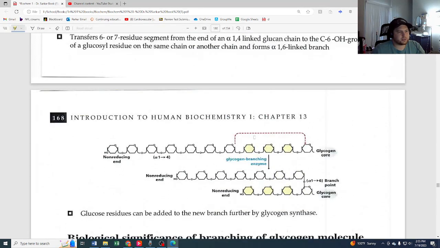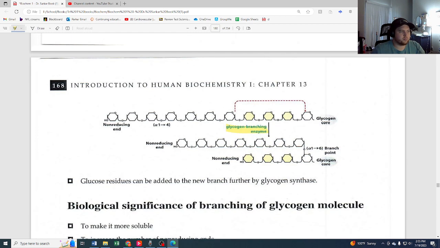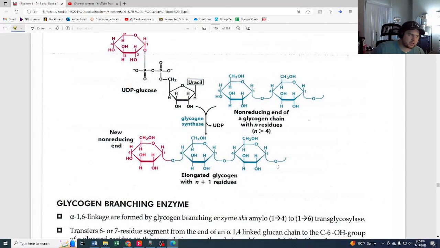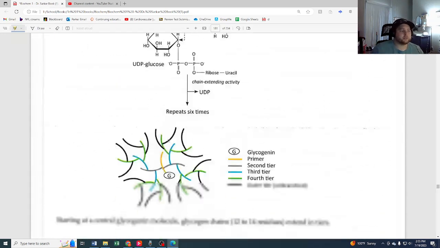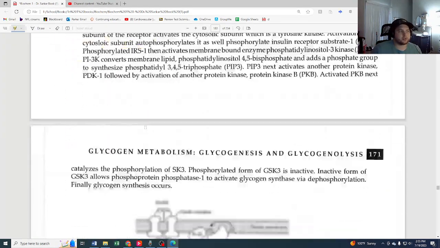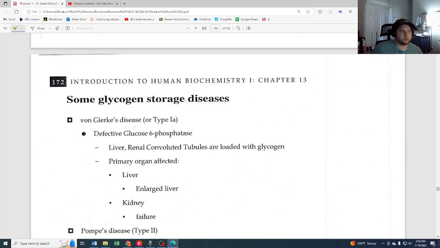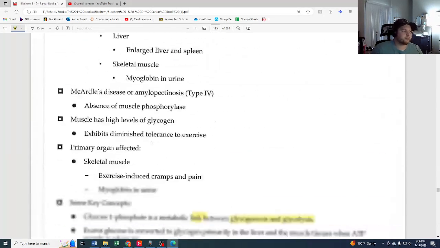Understand the process by which things are happening, and then remember the key enzymes, what those key enzymes do, what they act on, and why they are necessary. And then if those key enzymes are not working, what sort of conditions or diseases do we end up with?